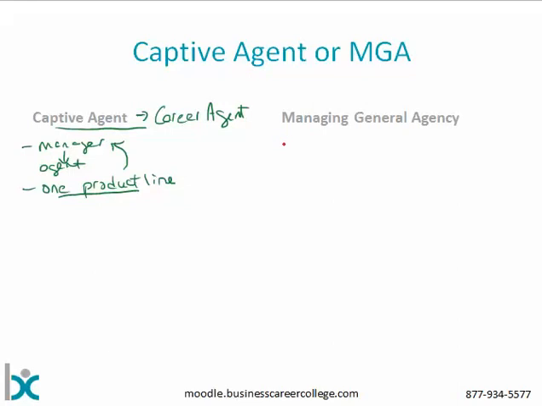On the managing general agent side, this person would be more independent. And it's not to say that they're fully independent, because they will typically have a contractual relationship with this MGA. Basically what happens is you've got the agent who has the relationship with the MGA, and then the MGA has contracts with insurers.